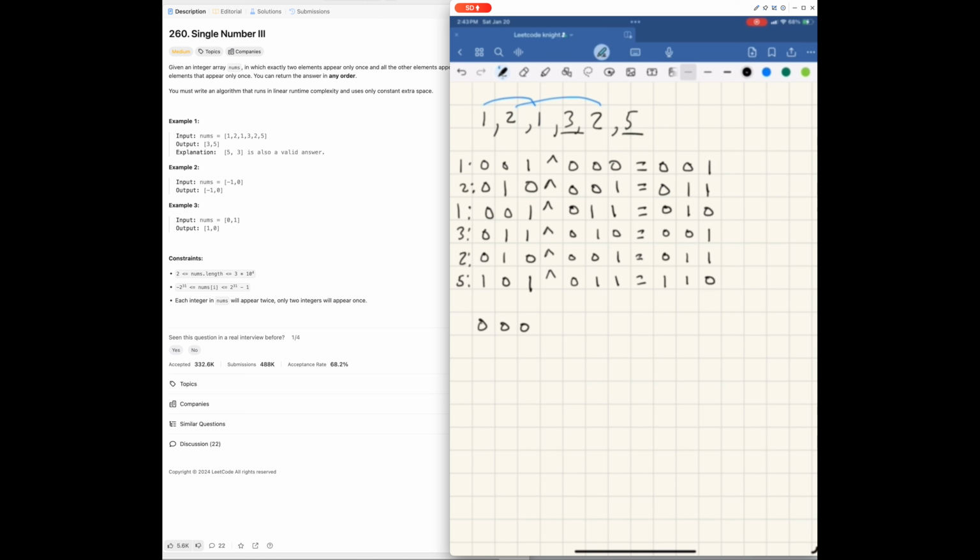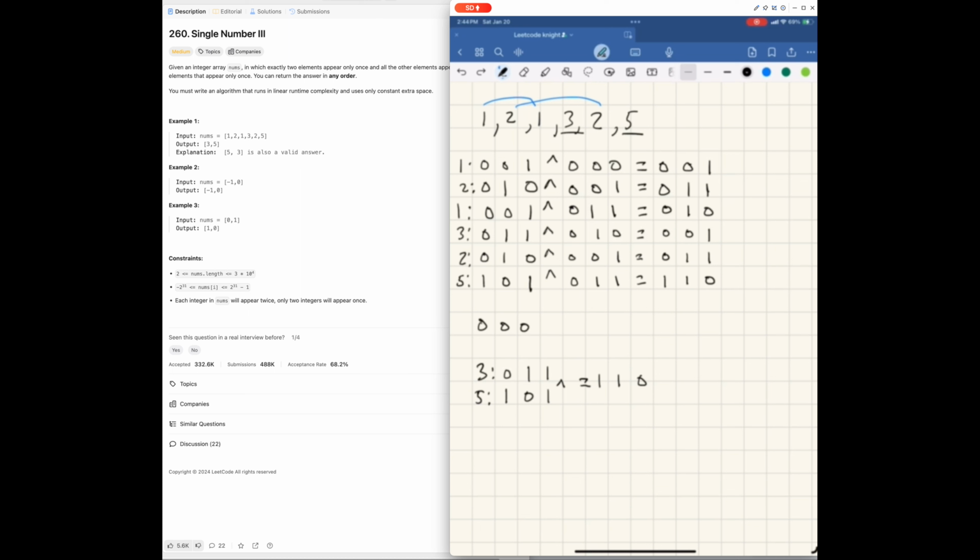And we can also arrive at that ourselves if we just take the numbers 3 and 5. So 3 is 0, 1, 1. 5 is 1, 0, 1. If you XOR both of these, what do we get? We get 1, 1, 0. See, the same as what we had earlier, right?